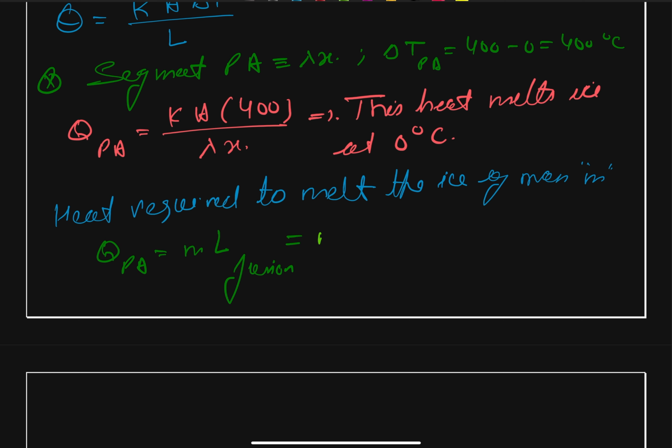So this is mass multiplied by 80, and these two terms are the same because heat given will be heat taken by the ice.